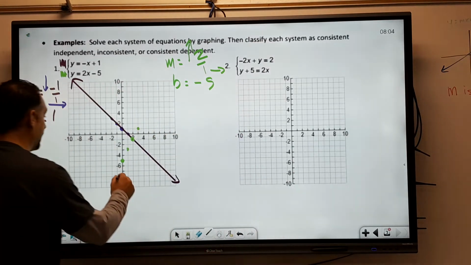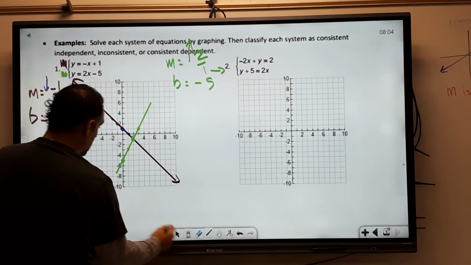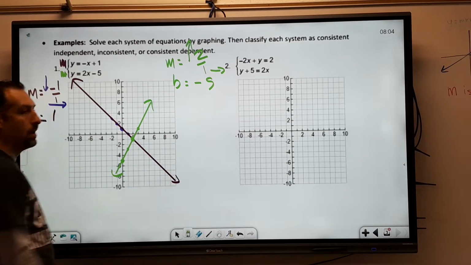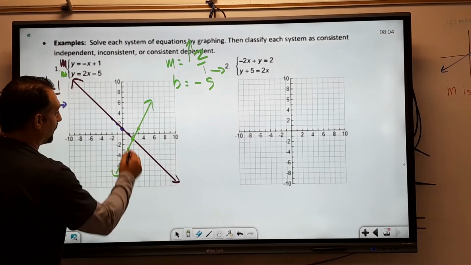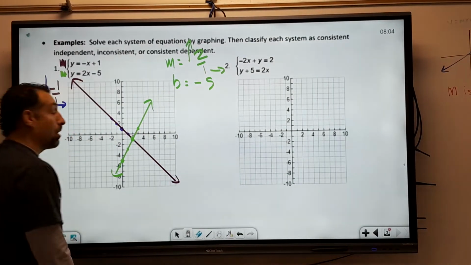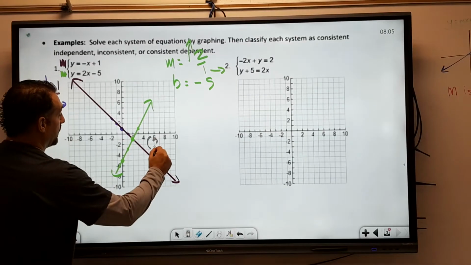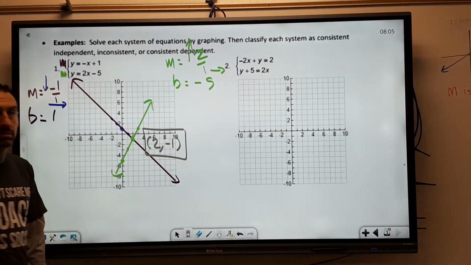Since we are graphing 2 lines, I do expect 2 lines on your paper. Why don't you do it all the way? I drew the arrow. And I've already satisfied what I needed. I've got the solution. Where they crossed. And they cross at 2, -1. That is the answer.